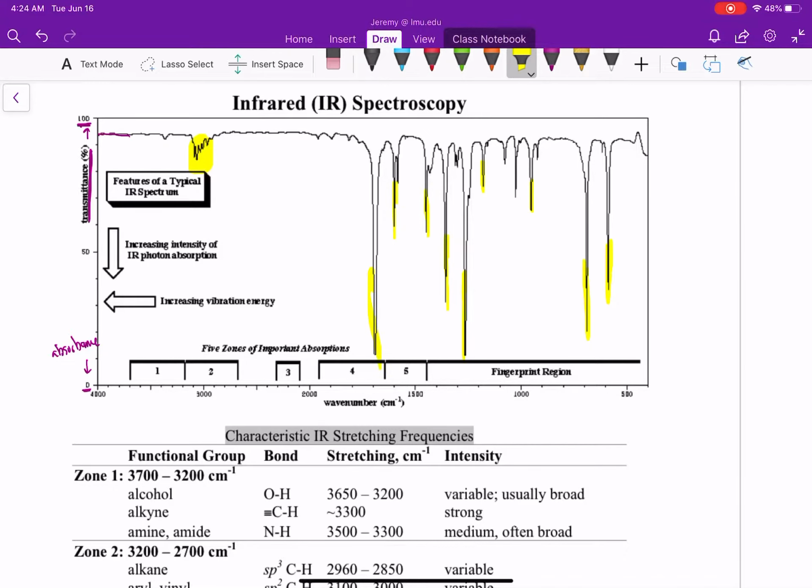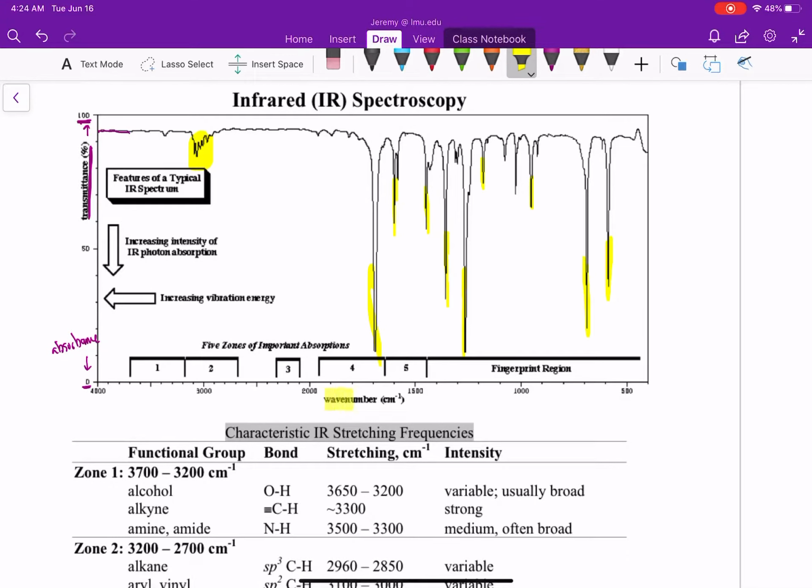Our x-axis here is wave number. This is basically a number that corresponds to our energy, or our frequency. Here we're just using numbers that are easy for us to work with.